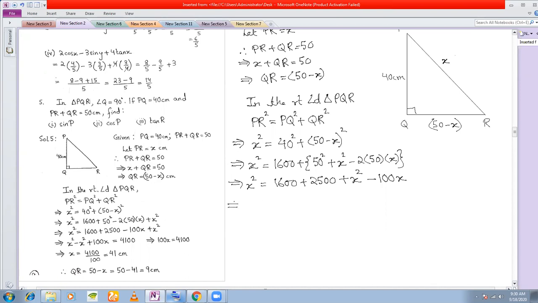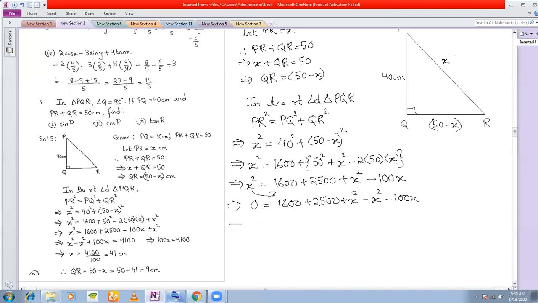Now you take everything to the other side, you get 0 equal to 1600 plus 2500 plus x square minus x square minus 100x.